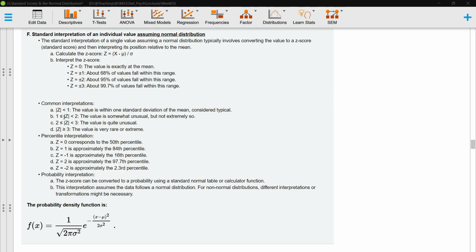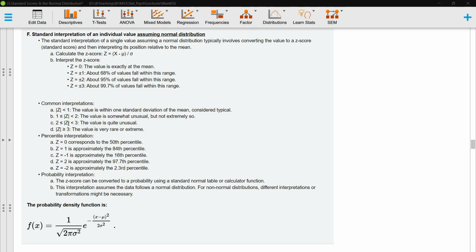And if the absolute value of the z-score is greater than 1 and smaller than 2, the individual value is somewhat unusual, outside the typical central range. But that's not a pretty extreme case, right? Unusual but not extreme.